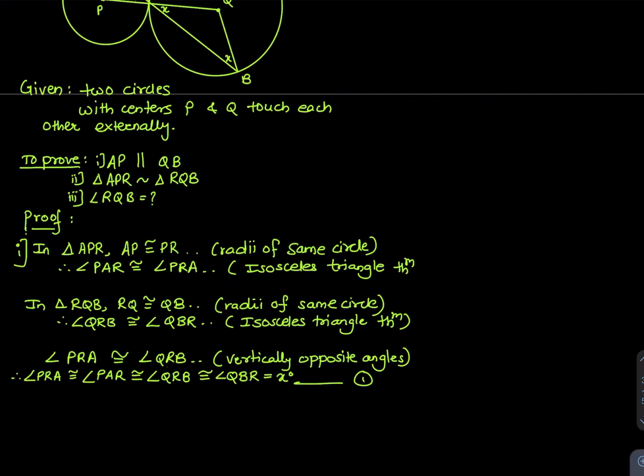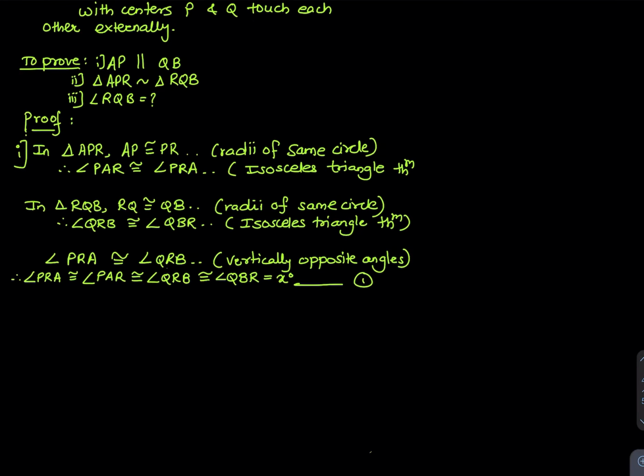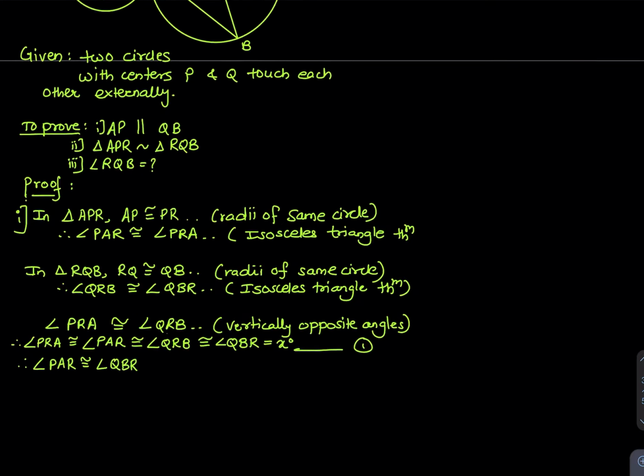That is our next statement. Angle PRA congruent to angle PAR, congruent to angle QRB, congruent to angle QBR. So now angle PAR congruent to angle QBR.